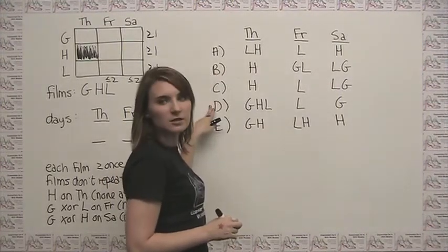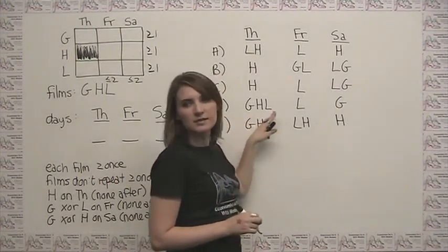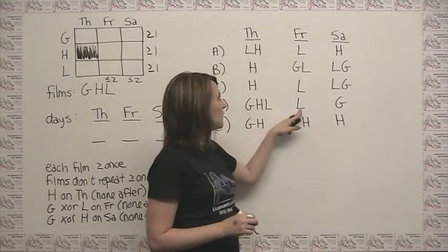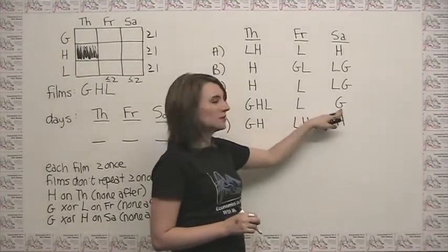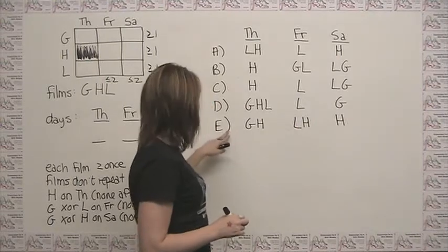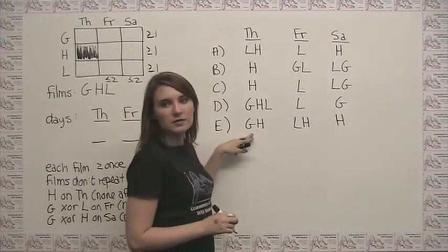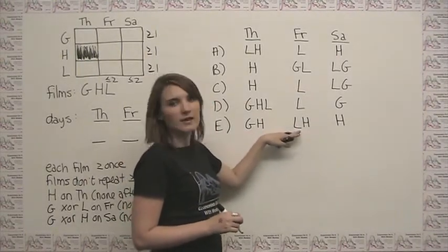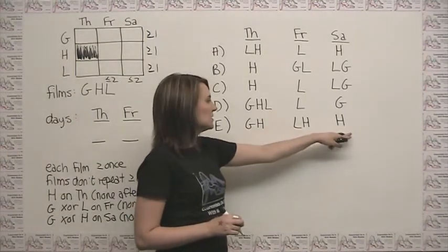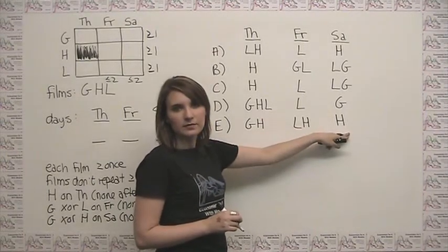Choice D reads, Thursday is greed then harvest then limelight, Friday is limelight, and Saturday is greed. Choice E reads, Thursday is greed then harvest, Friday is limelight then harvest, and Saturday is harvest.